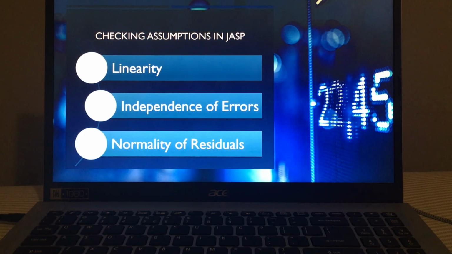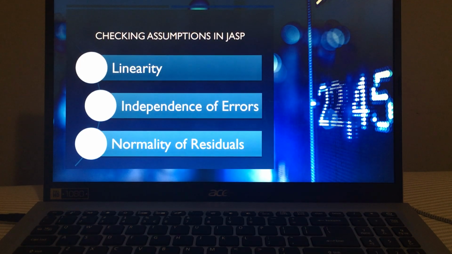Independence of errors is the next part of our LINE acronym, so the I portion. Recall that error is a synonym for residual. This is really just a catch-all assumption to the effect that there's nothing funny going on in the residuals.